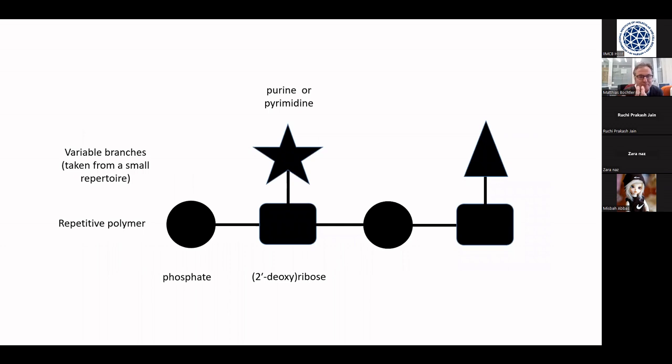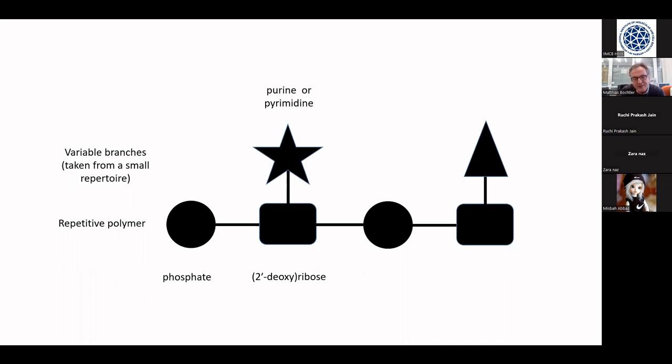So the basic presumption is that what you want as an information storage polymer is some repetitive polymer that looks uniform from the one side and from the other side has a variability that encodes a sequence of letters in the way that text encodes a sequence of letters.